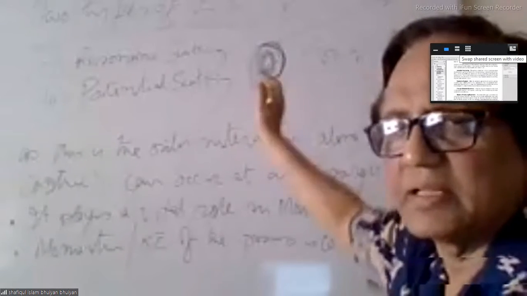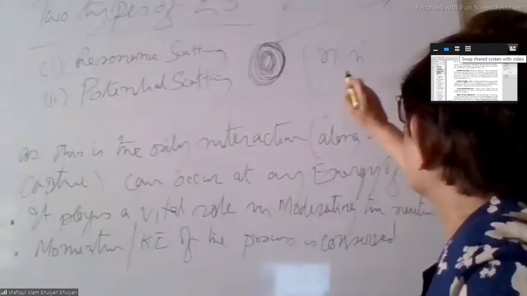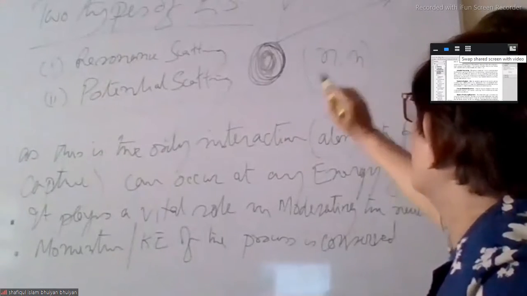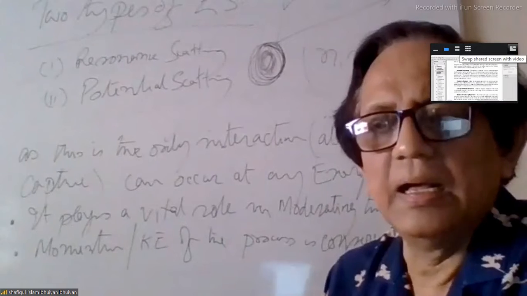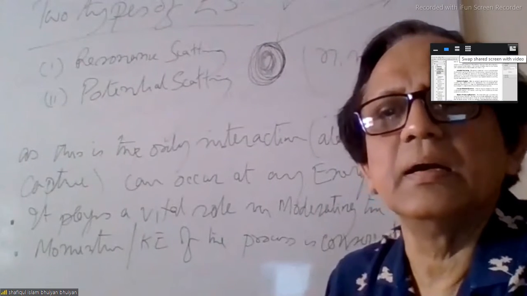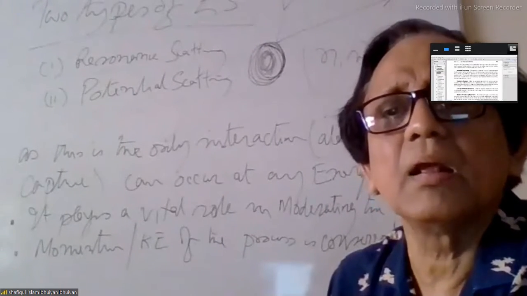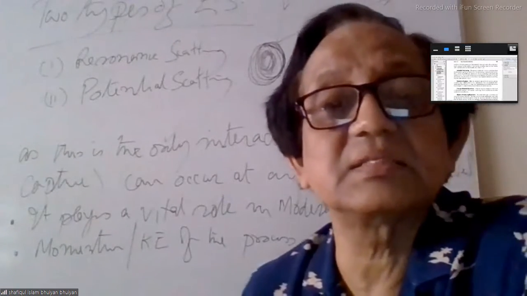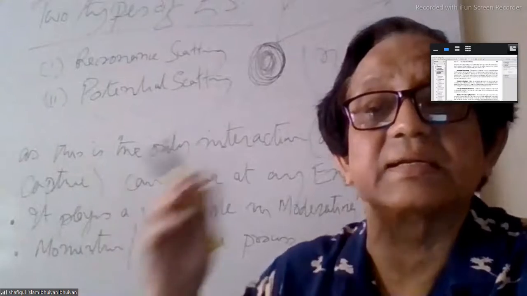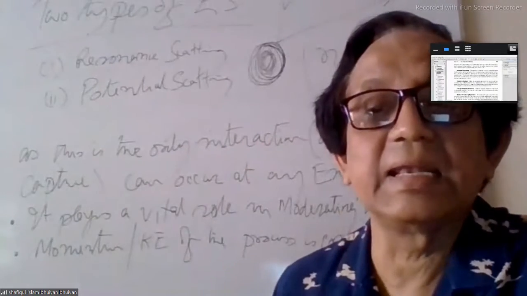In the bracket, this is the incoming particle and this is the outgoing particle. So the symbol is n. In elastic scattering, we call it n,n scattering. Okay, the symbol is n.